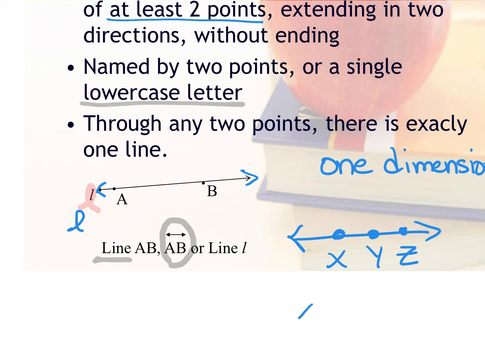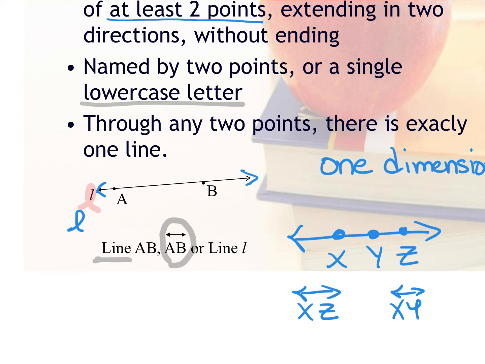So I could call this line XZ, and again, either write the word line in front or put a picture of a line on top of the 2 points. I could also name it XY. It doesn't matter which 2 points because remember, it goes beyond Y because of the arrows on top of those capital letters. It extends forever.